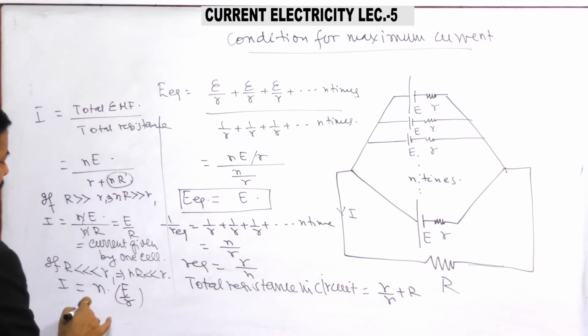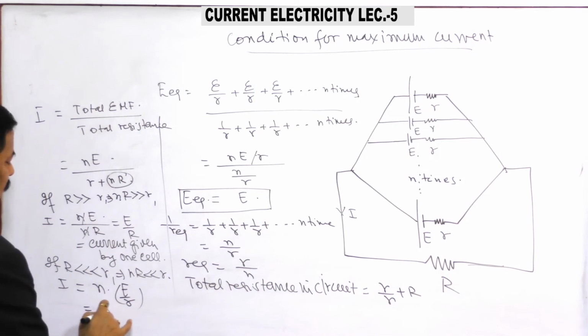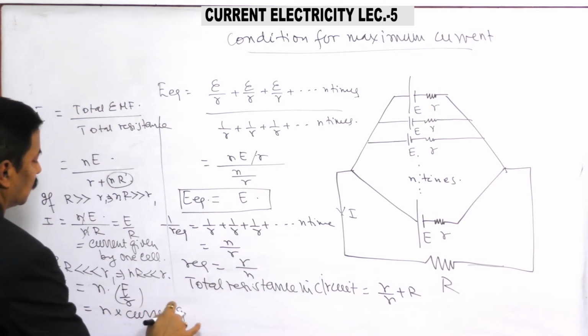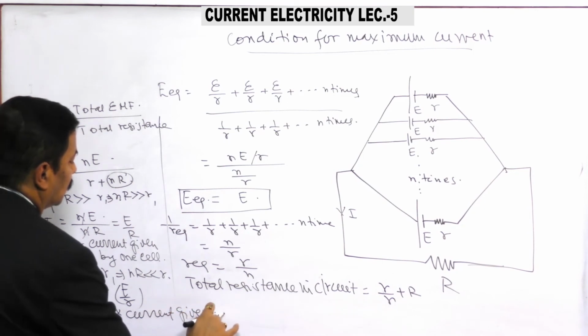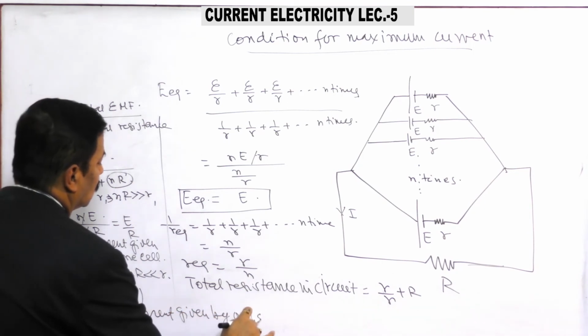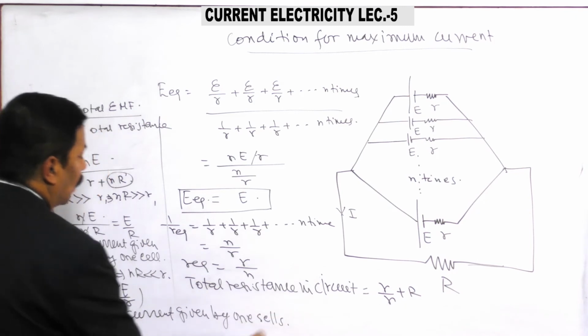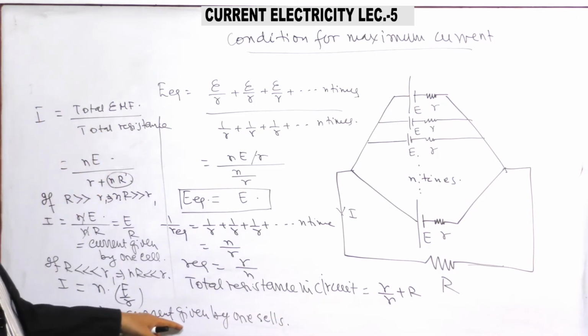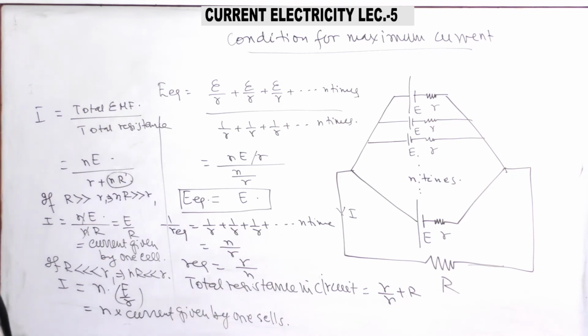What we observe is that the current is increased n times the current given by one cell.